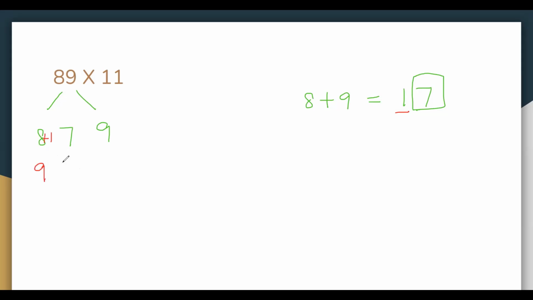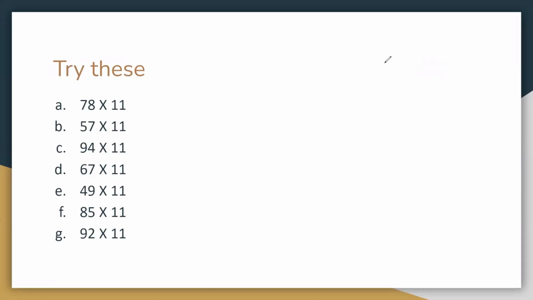So we get 9, 7, 9. So that's your answer. It's very simple. Since you're having a two-digit answer, you carry over the number in the tens place, that is 1, to the number on the left and add it over there, so that you get the correct answer. Let's try these questions.